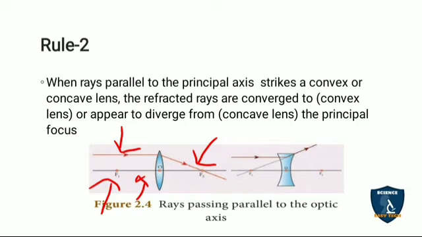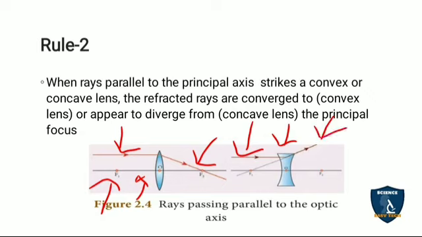So, roughly, when rays parallel to the principal axis touch a convex or concave lens, the refracted rays are converged in a convex lens and diverge in a concave lens through the principal axis.